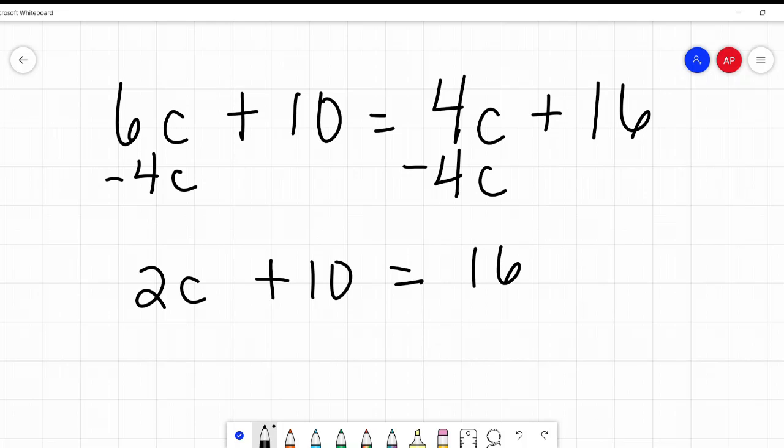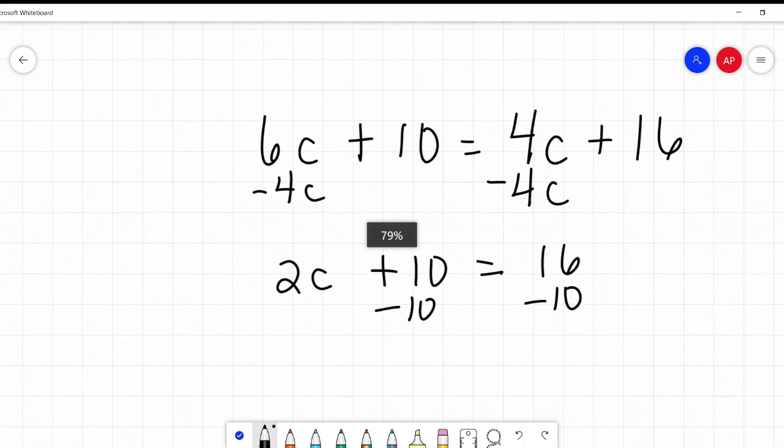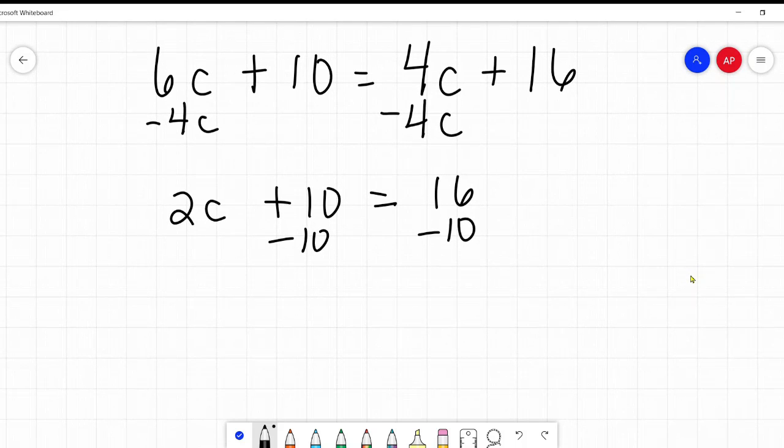I have all the variables on the left. I want all of the numbers on the right. Here I have a positive 10, so I subtract 10 from both sides. Keep that seesaw level. 10 minus 10 is 0, leaving just 2c on the left. And 16 minus 10 is 6.